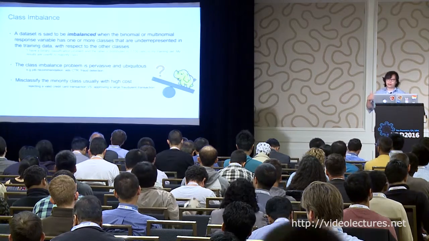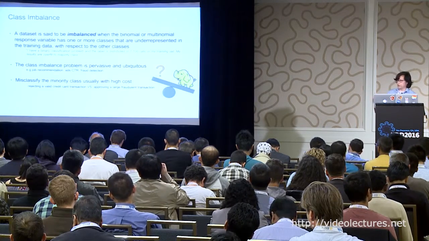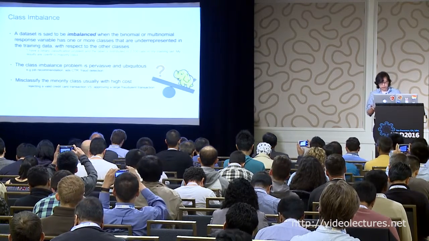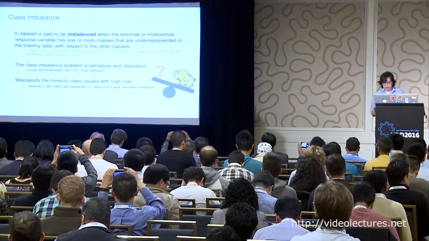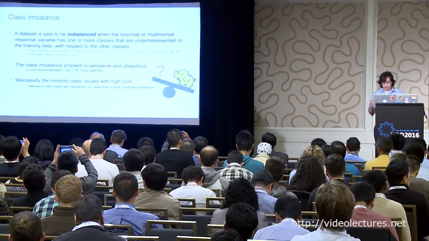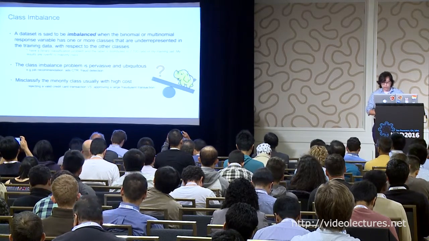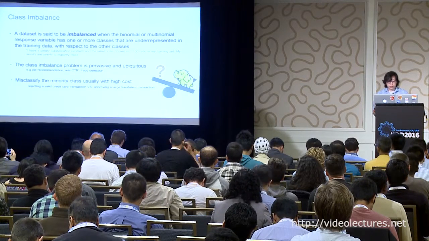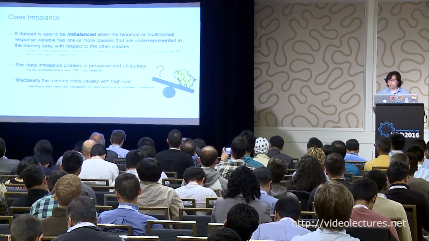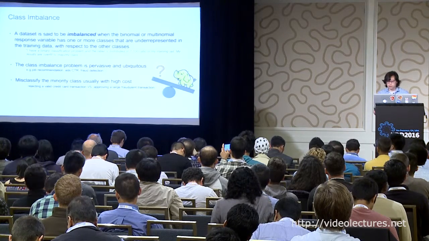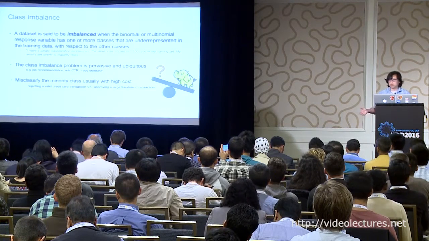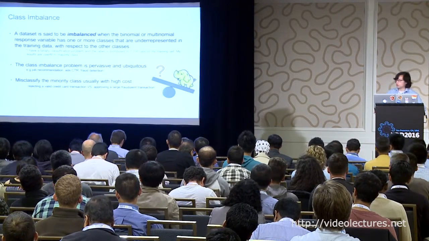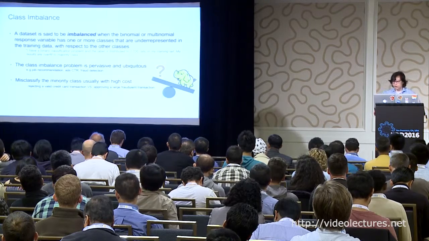The other commonly faced challenge is that the data is imbalanced. A data set is said to be imbalanced when the binary or multinomial response variable has one or more classes that are underrepresented in the training data. For example, your client comes to you and says, I have training data like that, where the ratio of positive to negative is 1 to 100 or even 1 to 1,000.